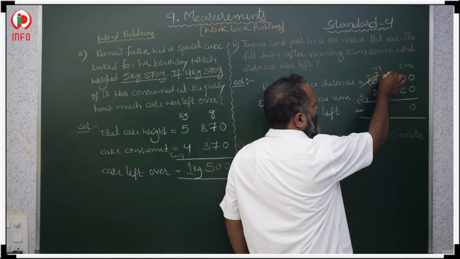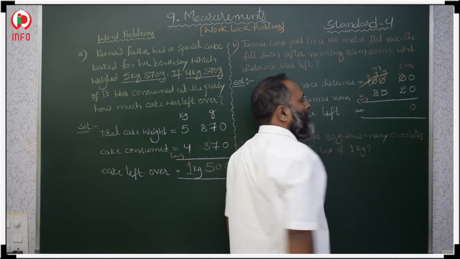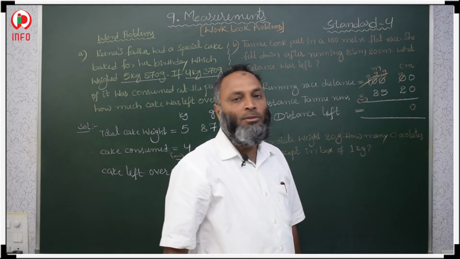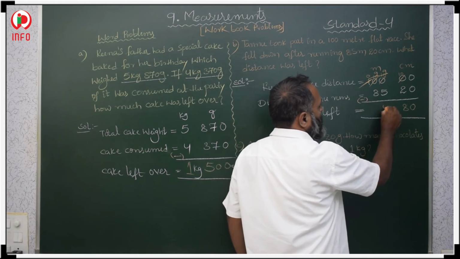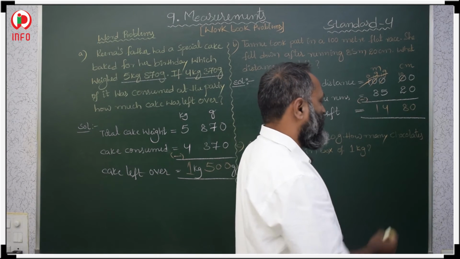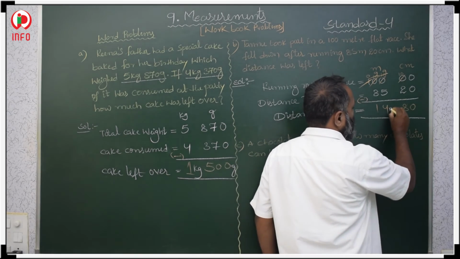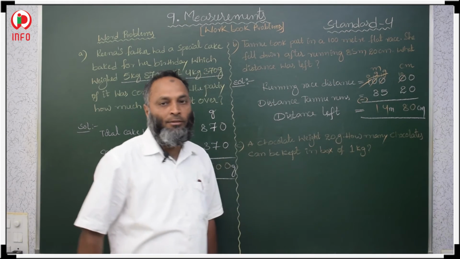Again, if you take a borrow from here, it will decrease by 1, here it will increase by 10. Now 10 minus 2 is 8. 9 minus 5 is 4, 9 minus 8 is 1. 14 meters 80 centimeters distance is left over. This much distance is left.